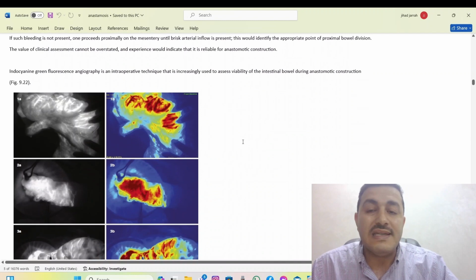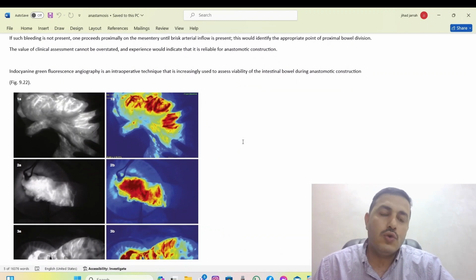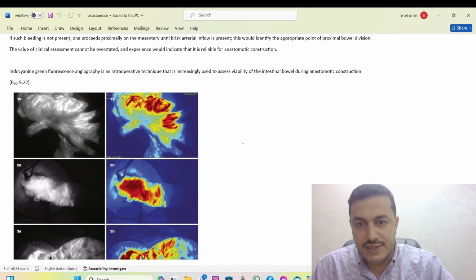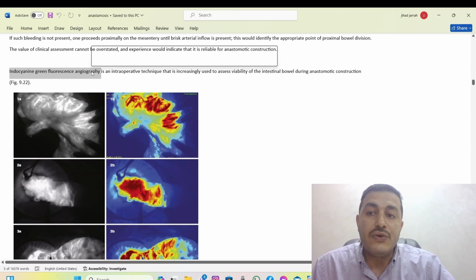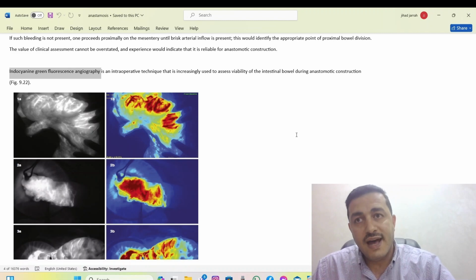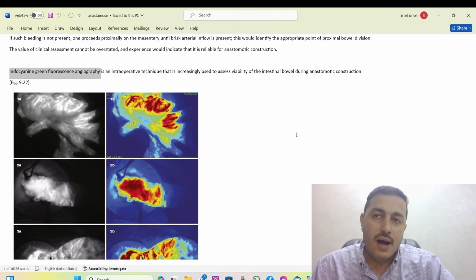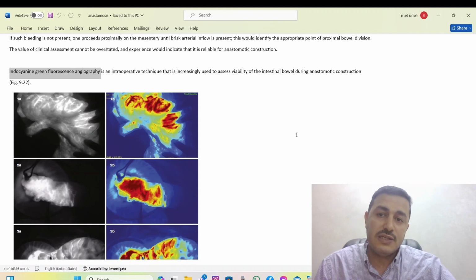A newly, but not routinely, to be honest, used technique to ensure the vascularity or the perfusion of the bowel is what we call indocyanine green fluorescent angiography. And if you watched the lecture about stoma, it also has an application in stoma creation to check a well vascularized and finally a healthy stoma.